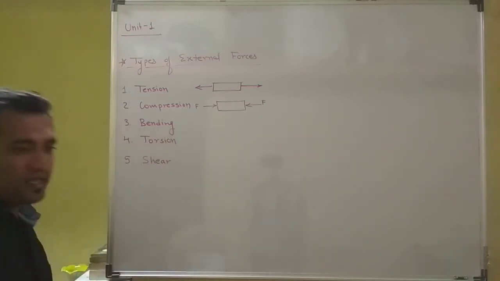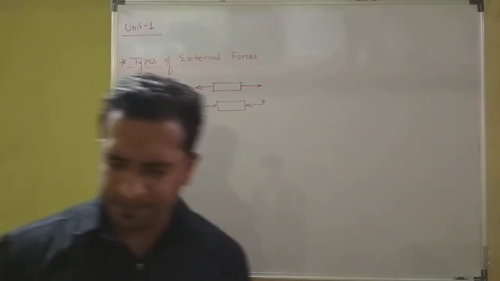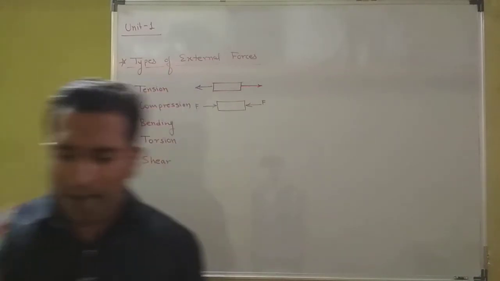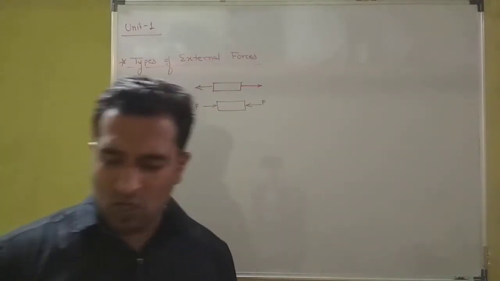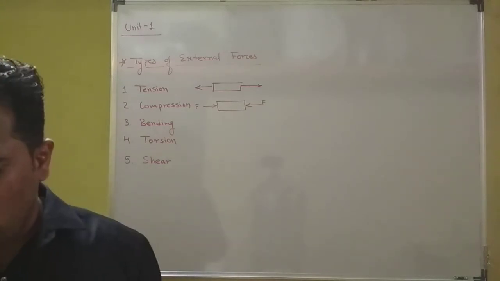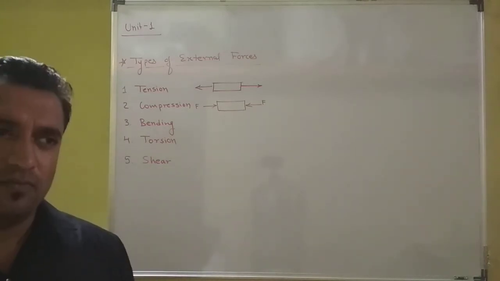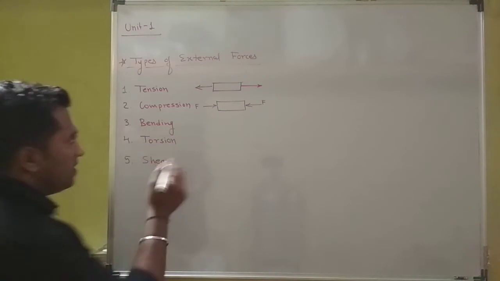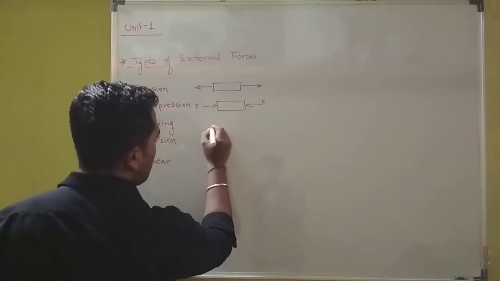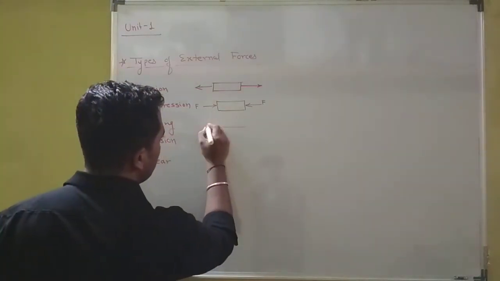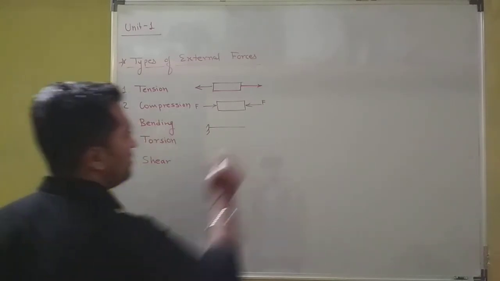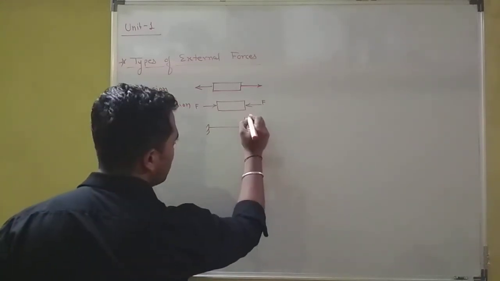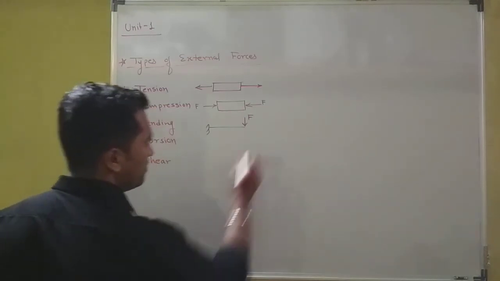Now bending, we can say that a force applied over a body that causes a curvature. We'll take a body, a simple beam we can take, and if you apply a load over here, force over here, what will happen?